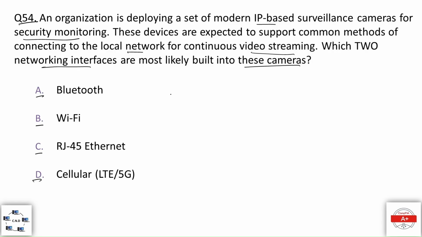The correct options are, we have to choose two options. The first correct option is option B, Wi-Fi, and the second correct option is option C, RJ45 Ethernet.